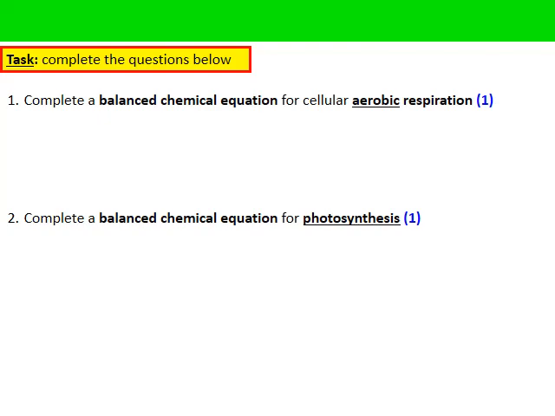Now, just before we talk about the chemical reactions involved in photosynthesis, it's important to remind ourselves of the balanced chemical equations for both cellular aerobic respiration at the top, as well as photosynthesis. Now, we know photosynthesis makes glucose. It's the set of reactions that results in the end product, glucose.